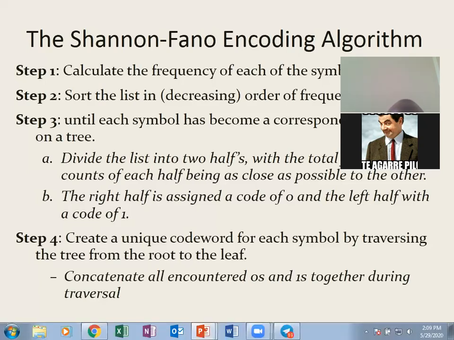In Huffman encoding, to begin with, we sort the symbols that form the trees in increasing order. But in Shannon-Fano, since all the symbols start in one node, we follow decreasing order.